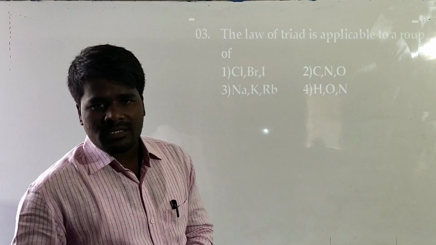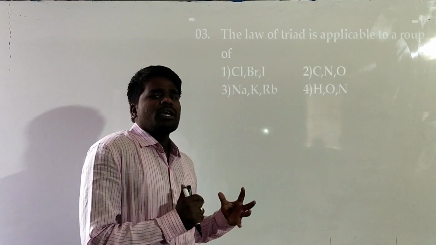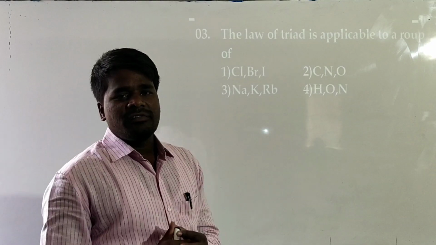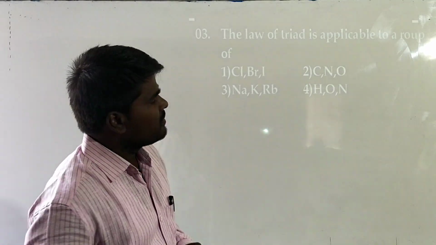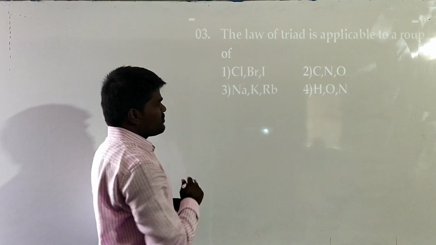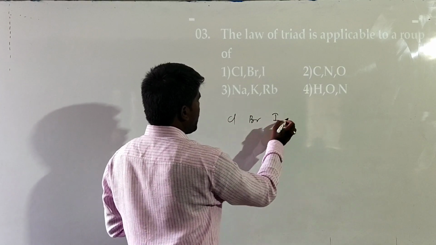What does the triad law say? In a triad, the atomic weight of the middle element is the arithmetic mean of the remaining 2 elements. Let us go with the first option: chlorine, bromine, iodine.